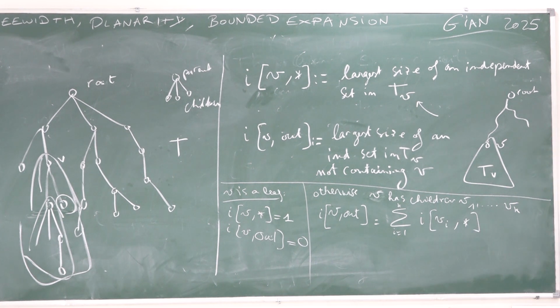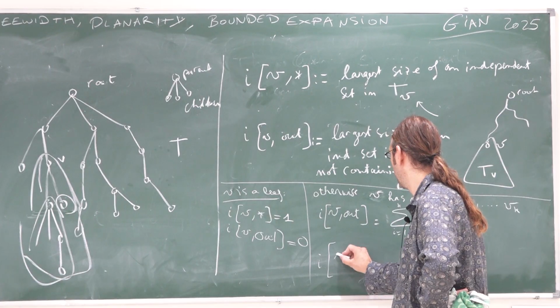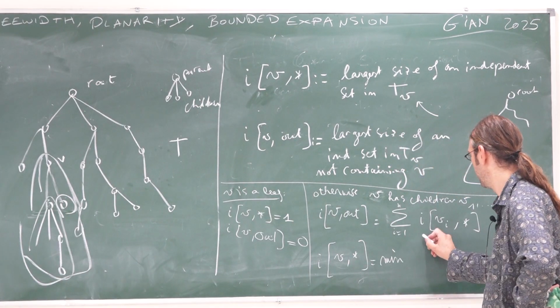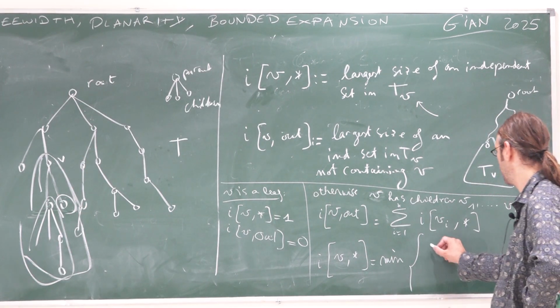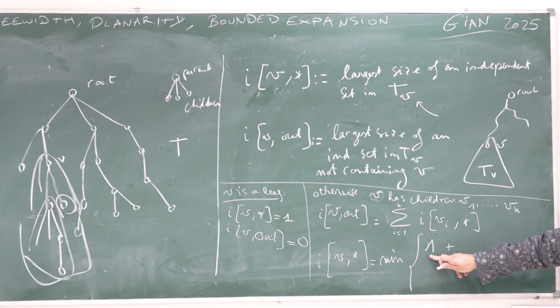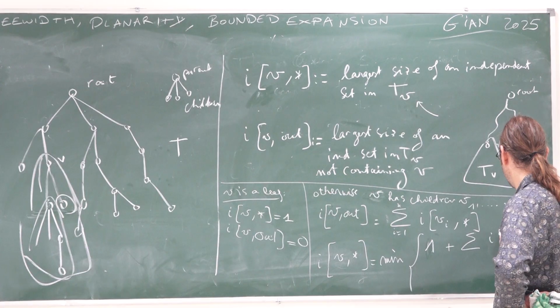But now, for the unrestricted case, I mean now it could be in or it could be out. So now the formula will look like this. There will be two cases basically in my formula. It will be the maximum over two things. So the first is I have taken V, so I'm gaining 1 for V. And I will take the sum for all the children.